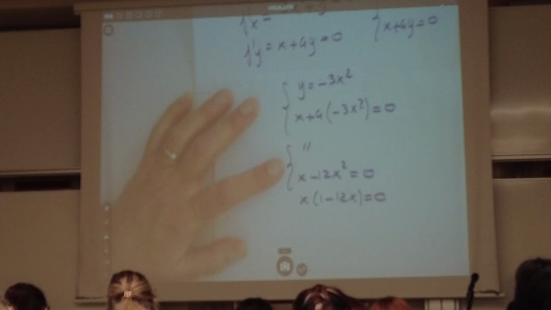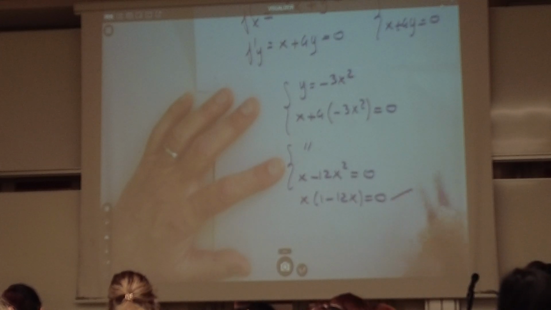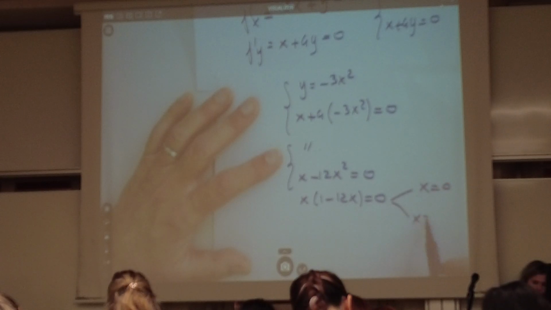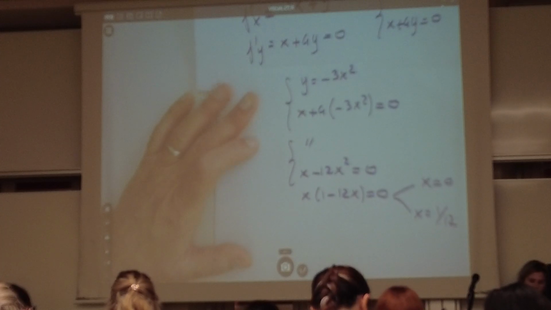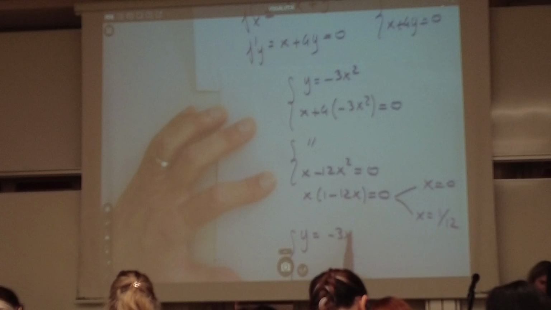So the stationary points are given by, you need to solve for x. Here you have x equal to 0 and x equal to 1 over 12. Remember that y is this value.